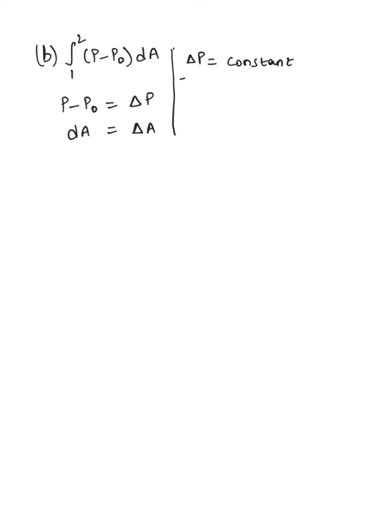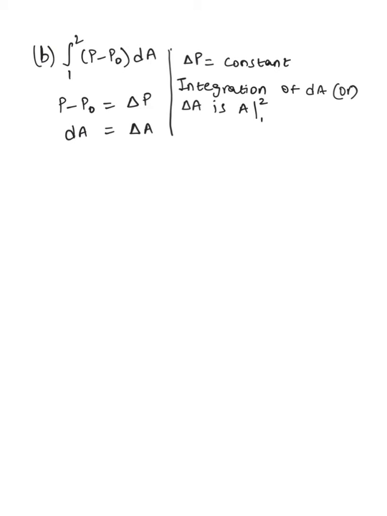So integration of dA, or delta A, is A over the interval of 1 to 2. But still that interval of 1 to 2 will be nothing but area A.